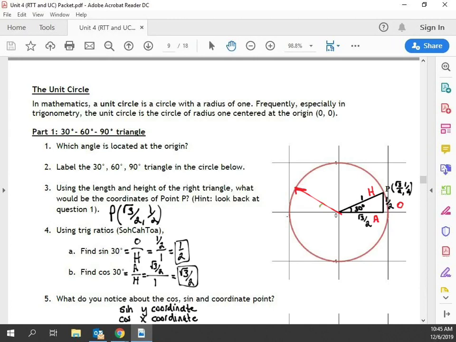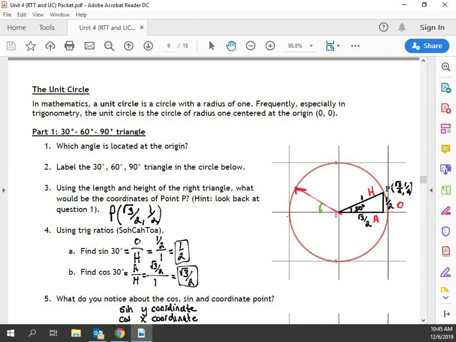The left side. Right there. That is going to be my reference angle. It's always the acute angle to the x-axis. Whether it's going down to the x-axis or up to it, it's always going to be the acute angle to the x-axis. And it'll always be positive.